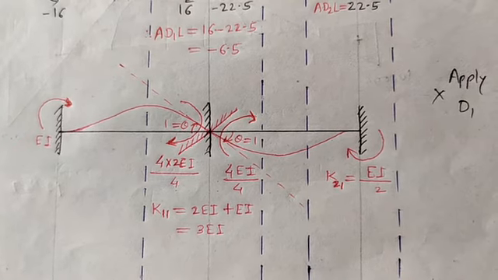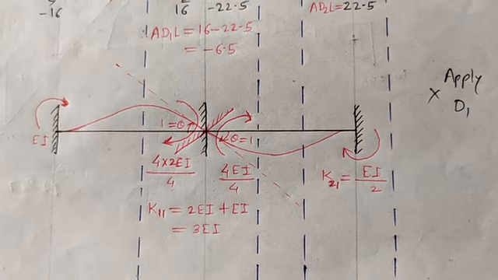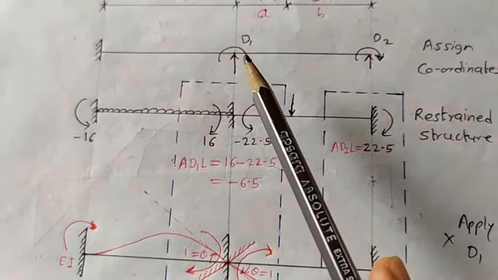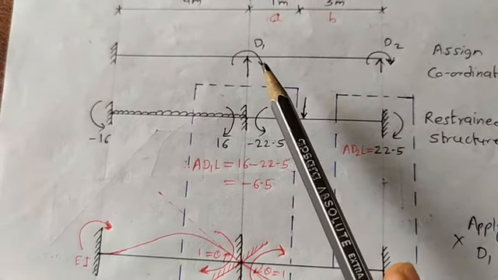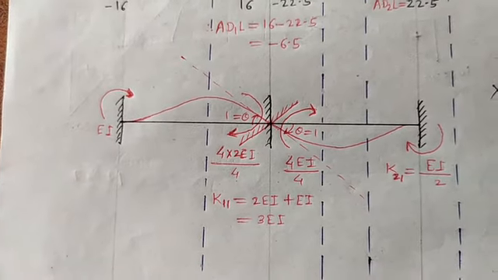Now how to draw this next diagram? Here we have applied the unknown D1. Remember, the applied unknown D1 is going in a clockwise direction, as we assumed.